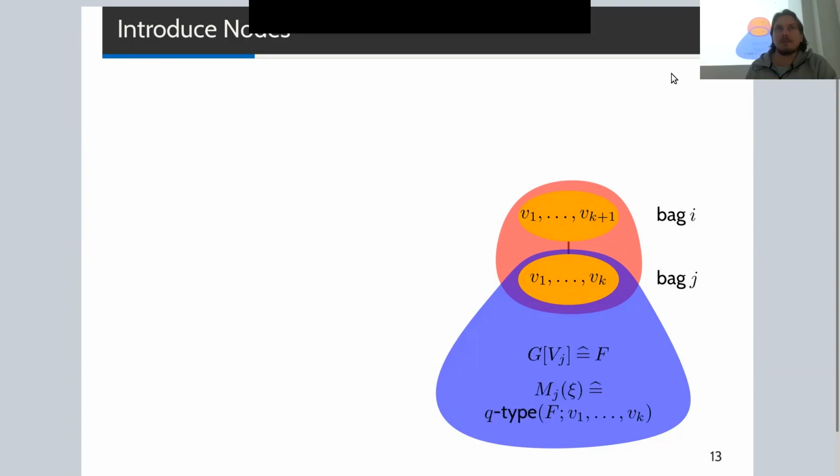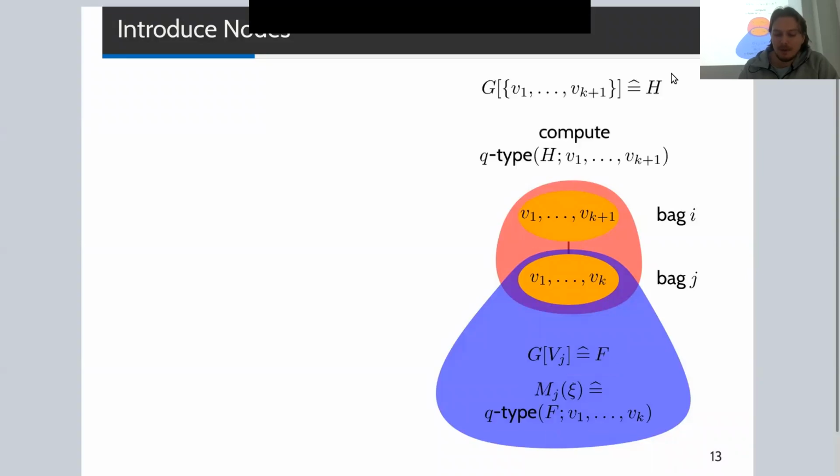Here, let's first interpret what is in the bag below. Let's say F is the graph that contains all the vertices below bag J. Then our records M_J contain the Q-type of F on v_1 to v_k. So far, so standard. But now we want to introduce this next vertex v_{k+1}.